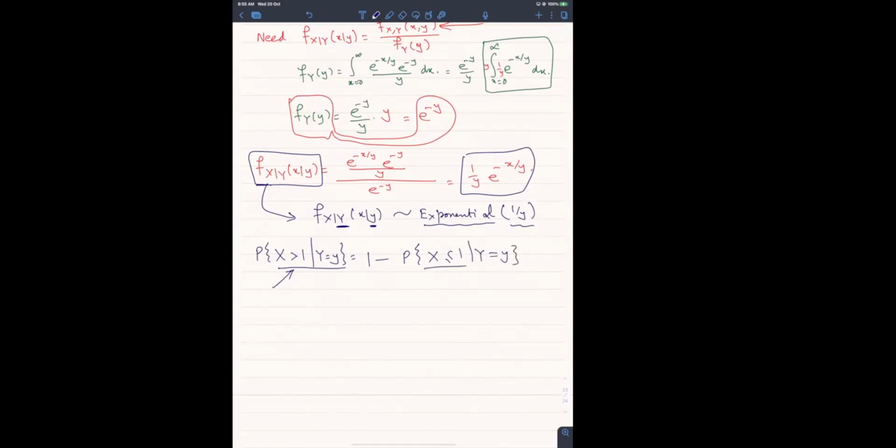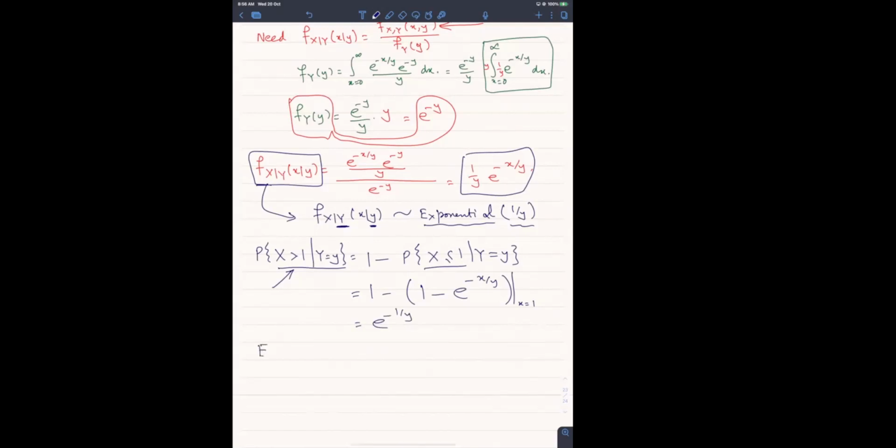Okay. And this is the conditional CDF of x. So this is equal to 1 minus the conditional CDF of x. I know कि CDF of x क्या होगा, वही जो exponential with parameter 1 over y का होगा, would be 1 minus e to the minus x over y, evaluated at x is equal to 1. So this would be equal to e to the power minus 1 over y.